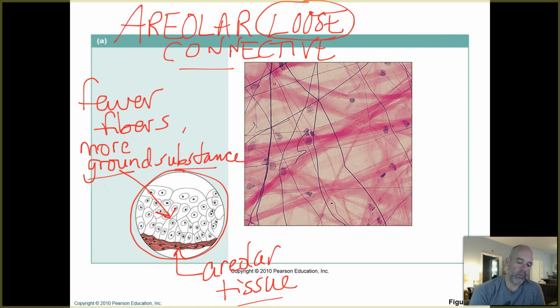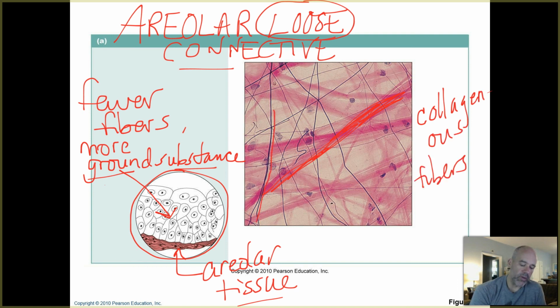Fewer fibers, more ground substance. Dense connective, lots of fibers, less ground substance. Now on your diagram over here, the darker pink, those are your collagenous fibers in that particular tissue, and your purple ones on there are going to be elastic fibers, the thinner ones.